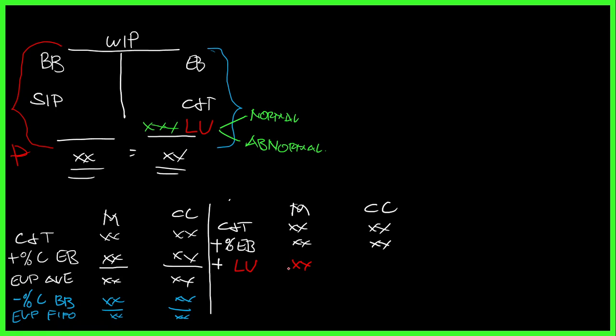Later, I'll give you a shortcut for when to actually recognize them. Once you've added that, what you get is your EUP using the average method. Then if you want to compute for FIFO, you subtract the percentage of completion coming from your beginning inventory.